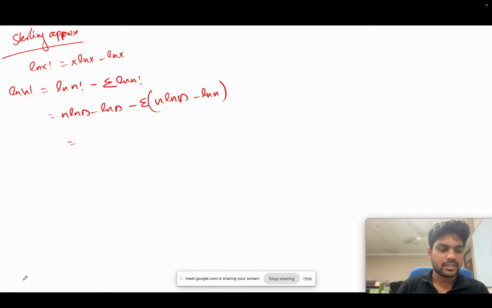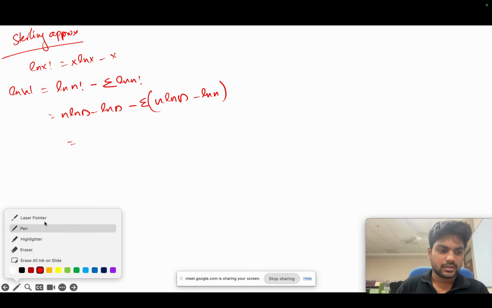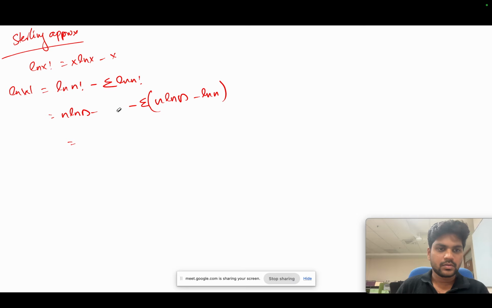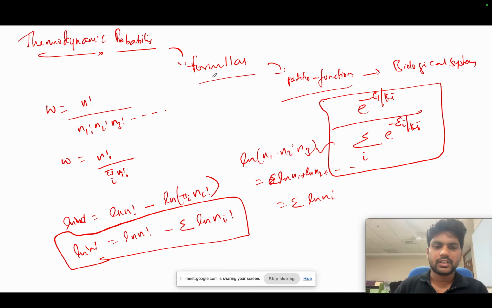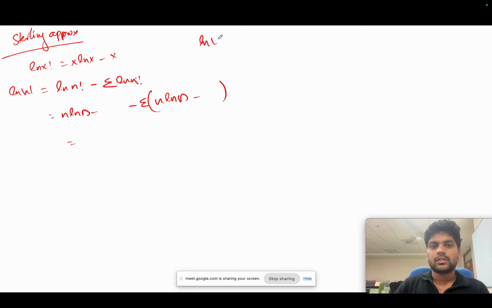Sorry, my mistake. So we have it here in ni, right? If you remember this formula, I rewrite it here: ln n factorial minus sigma of ln ni factorial.